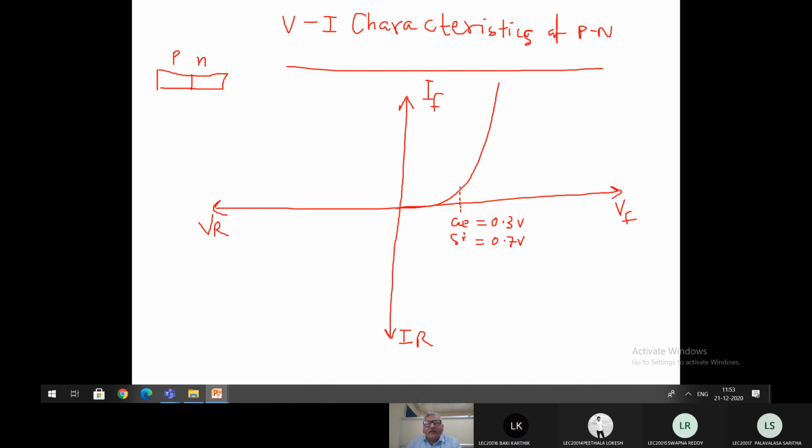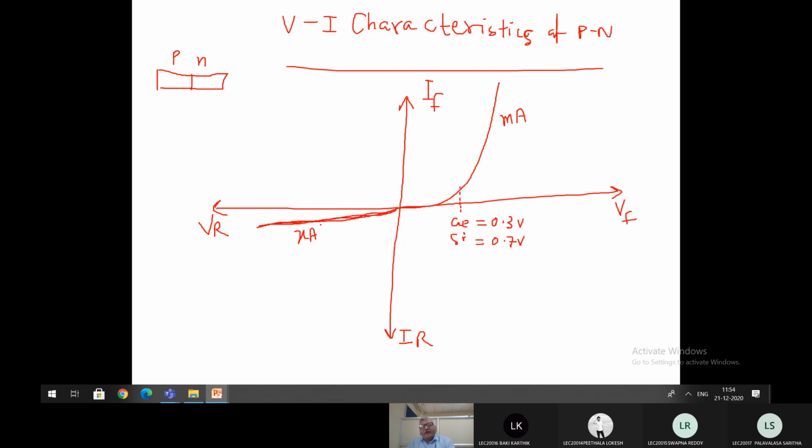But if you see the reverse bias, you will find this type of current. Here the current will be in milliampere in forward bias condition. In reverse bias, if you are increasing the reverse bias, then also almost you will find the current is the same. It is not increasing, and this current is in the range of microampere, right?